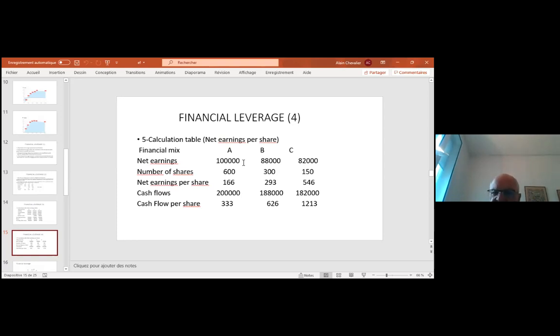The higher the debt level or the debt equity ratio, the lower is the level of net earnings or cash flows of a company. But now, if you make the same analysis at the level of one share, what happens?